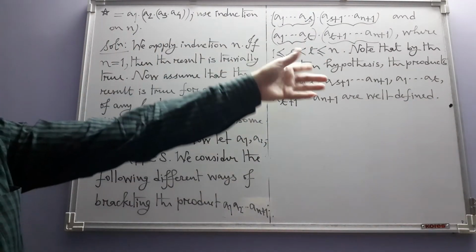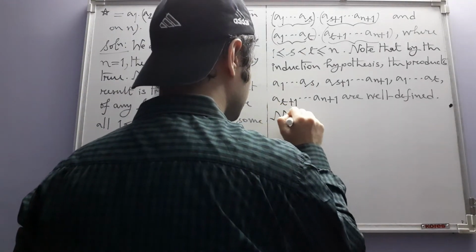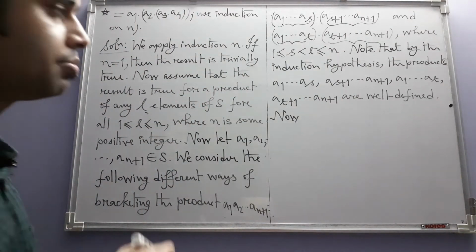So we are not making any mistake in writing them simply like this. Now we have to say that these 2 ways of bracketing ultimately give us the same thing.